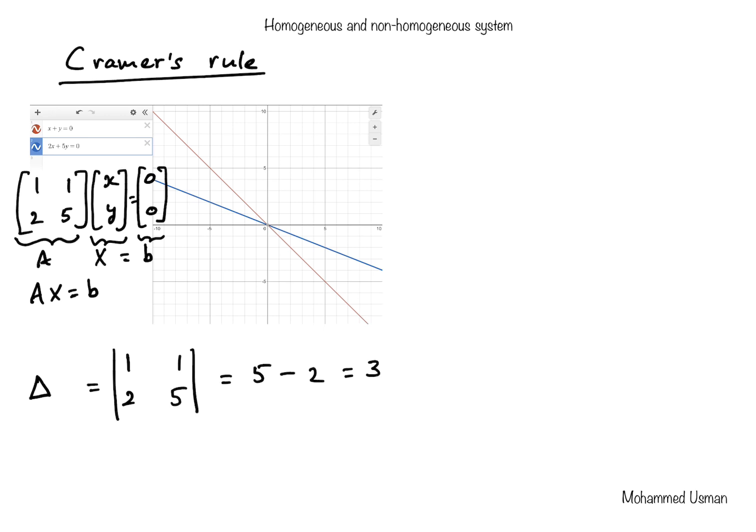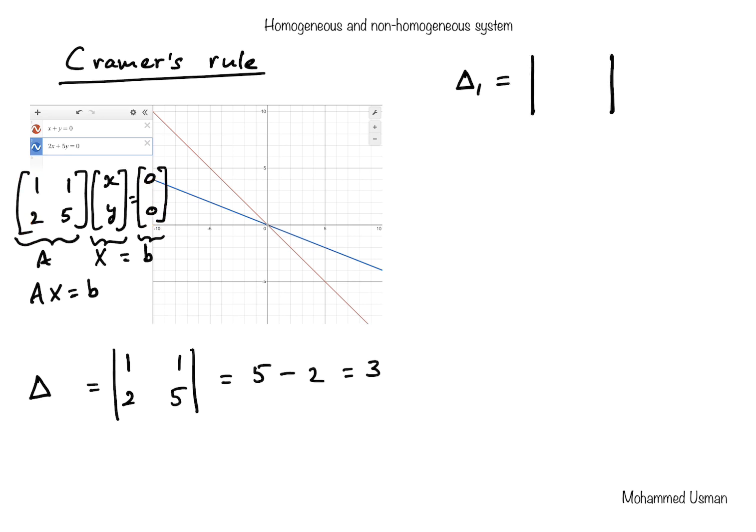And to find the solution using Cramer's rule, we will next find what is called delta 1. We obtain delta 1 by computing the determinant of the A matrix after replacing the first column of the A matrix with the vector B. So we'll remove this 1, 2, which is present in the first column, and in place of this 1, 2, we'll put the vector B, which is 0, 0.